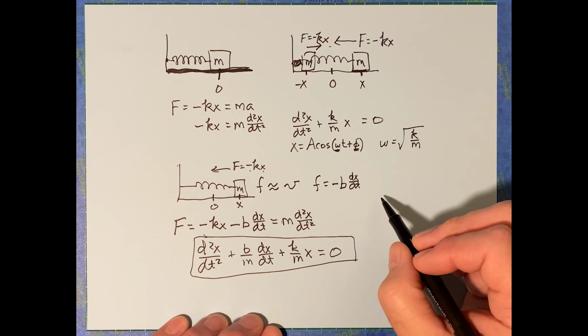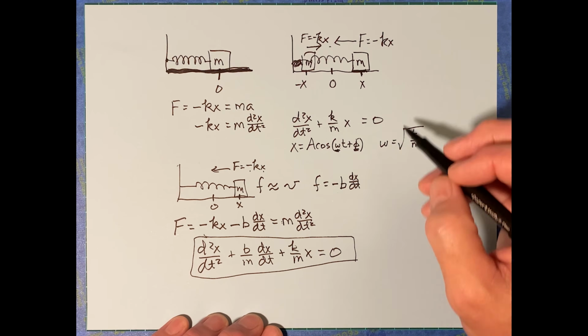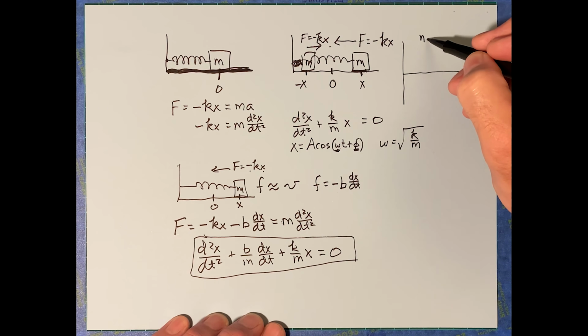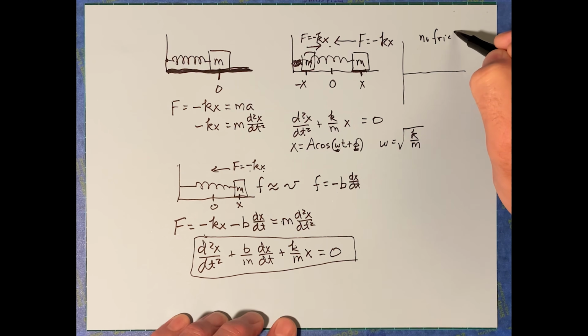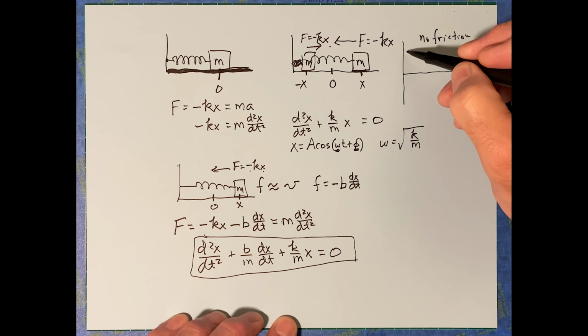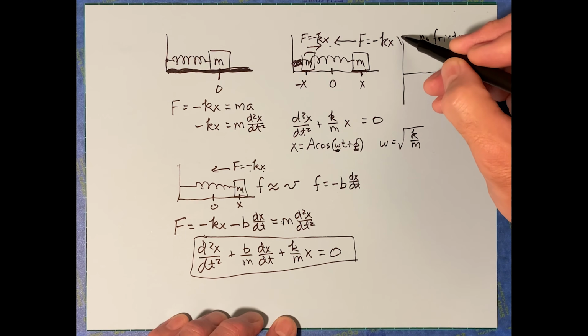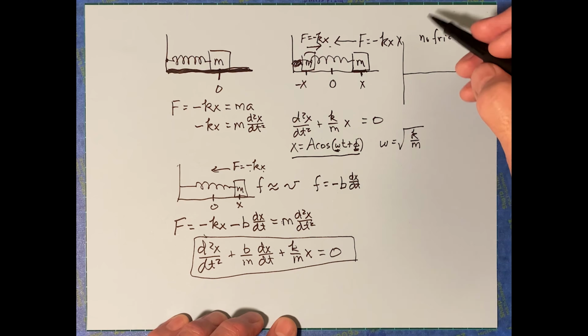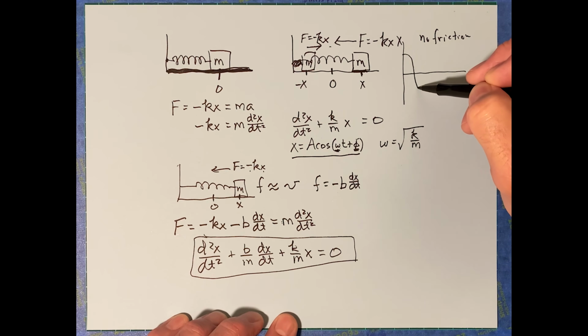If there's just a little bit of friction, then the oscillation up here, well, let's start with the case of no friction. So if there's no friction, then what's going to happen is you're going to pull this back. This is x versus time. This is this solution here, and it's just going to be a continuous oscillation.